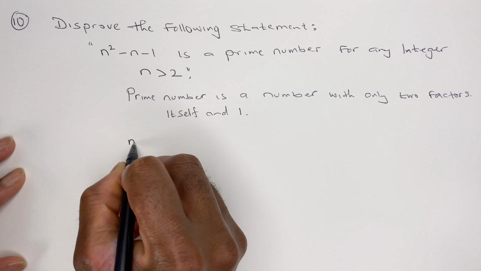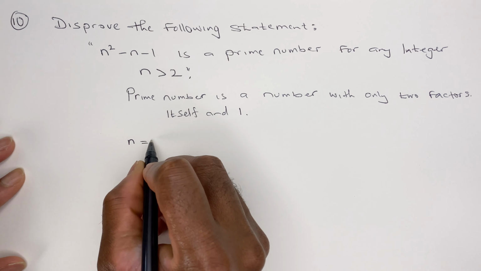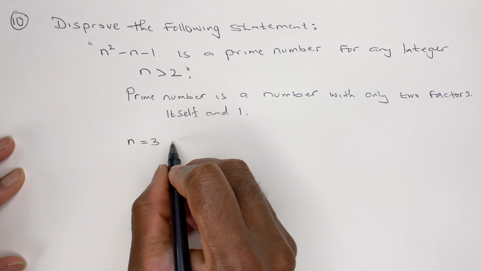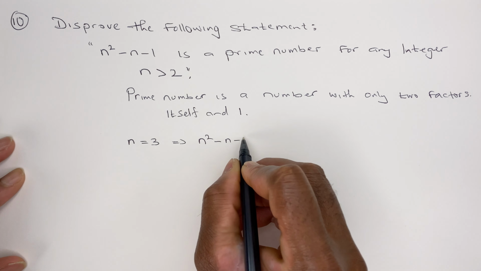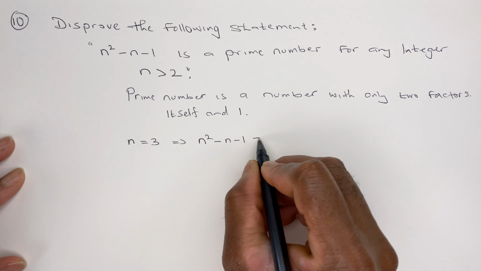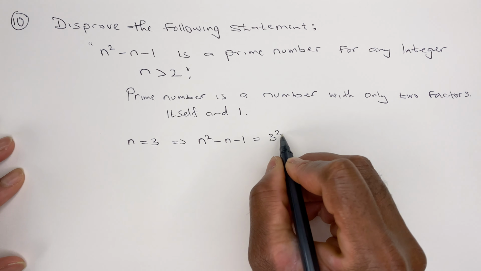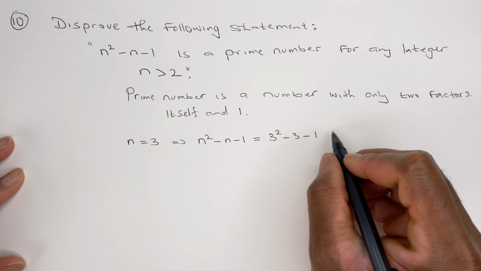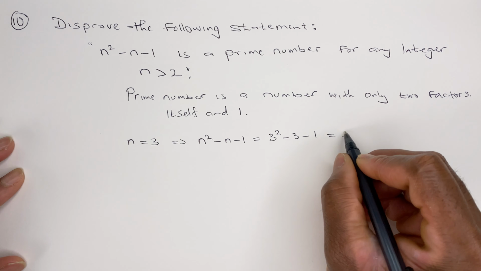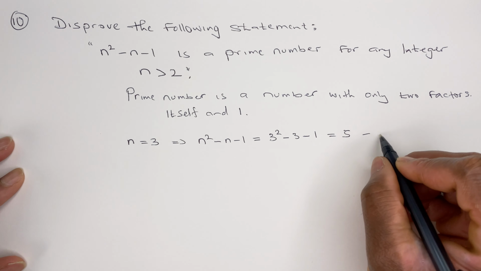If we try n equals 3, that should imply that n squared minus n minus 1 will be equal to 3 squared minus 3 minus 1, and that gives us 5, and that's a prime number.